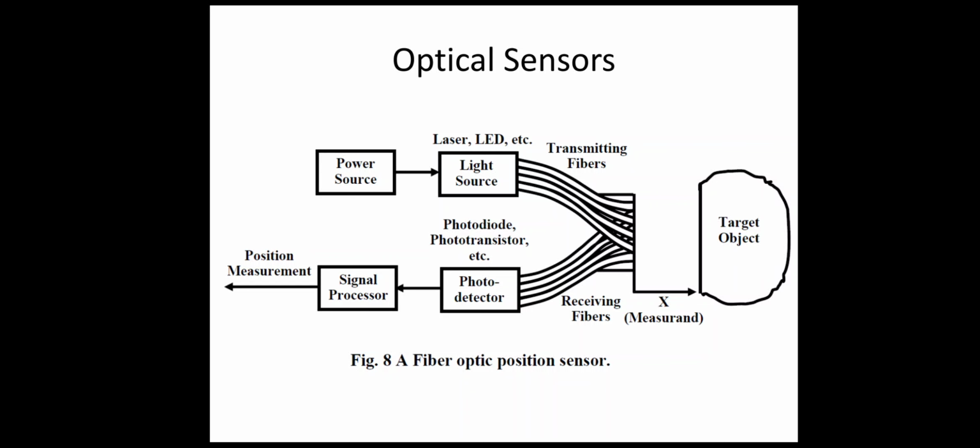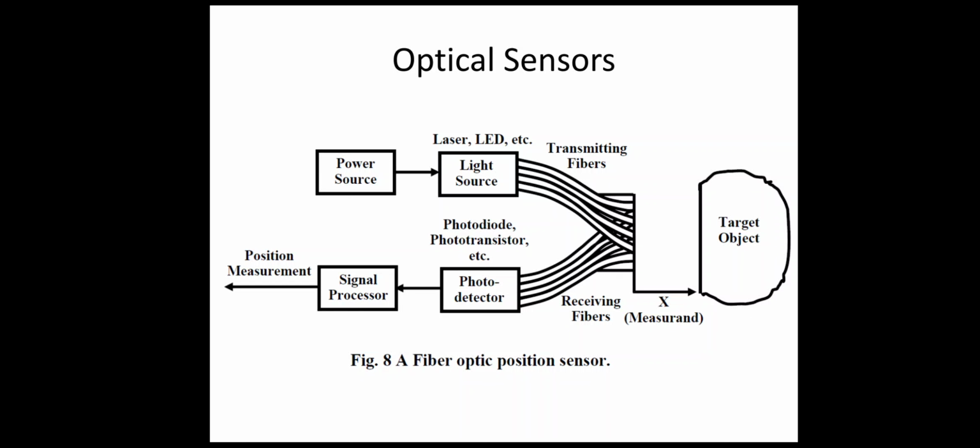Measurement using this principle requires proper calibration, since the amount of light received depends upon the reflectivity of the surface and the intensity of the source. So it can provide a simple method for displacement measurement.